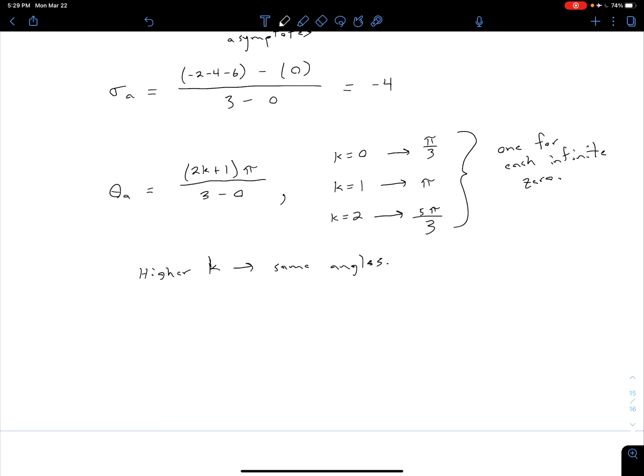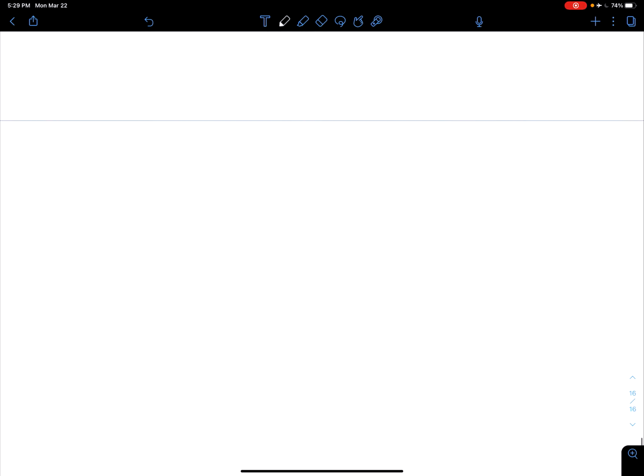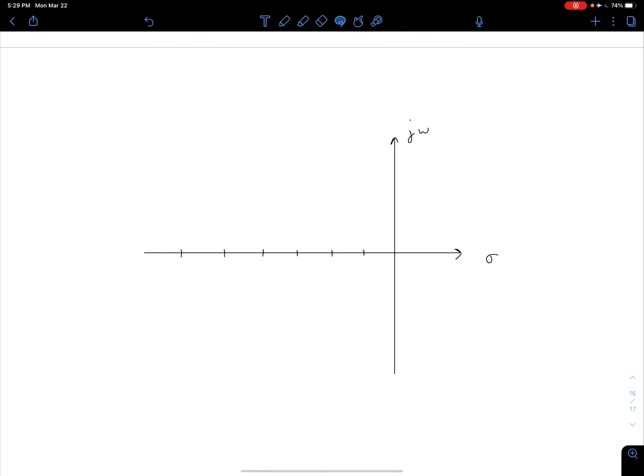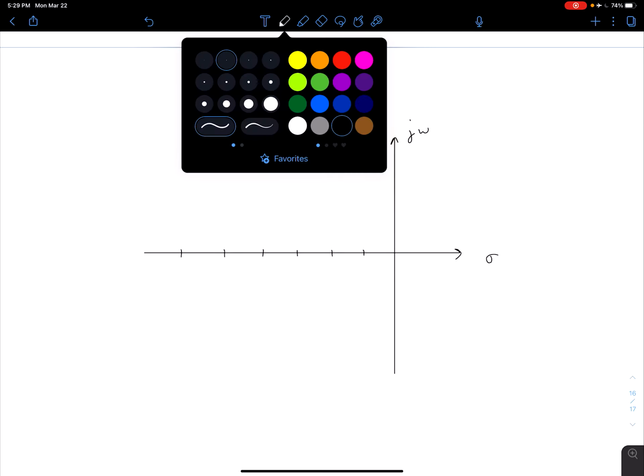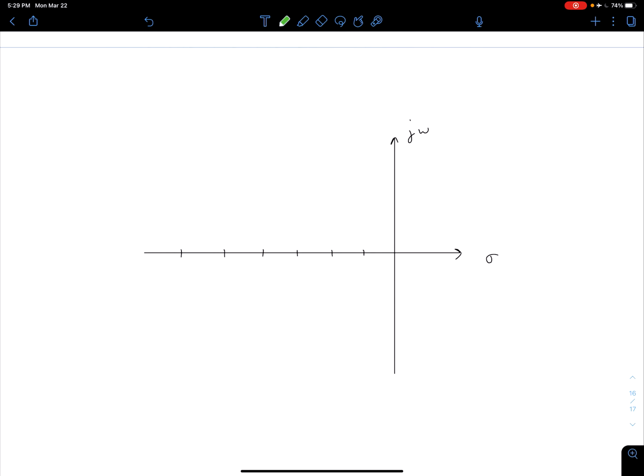Okay, now we're ready to start sketching our root locus. Let me put the beginnings of our plot here and mark a few things. We said we had 3 finite poles, and remember, we mark poles on our root locus with x's, so let's do that in green. We had 1 pole at -2, 1 pole at -4, and 1 pole at -6.